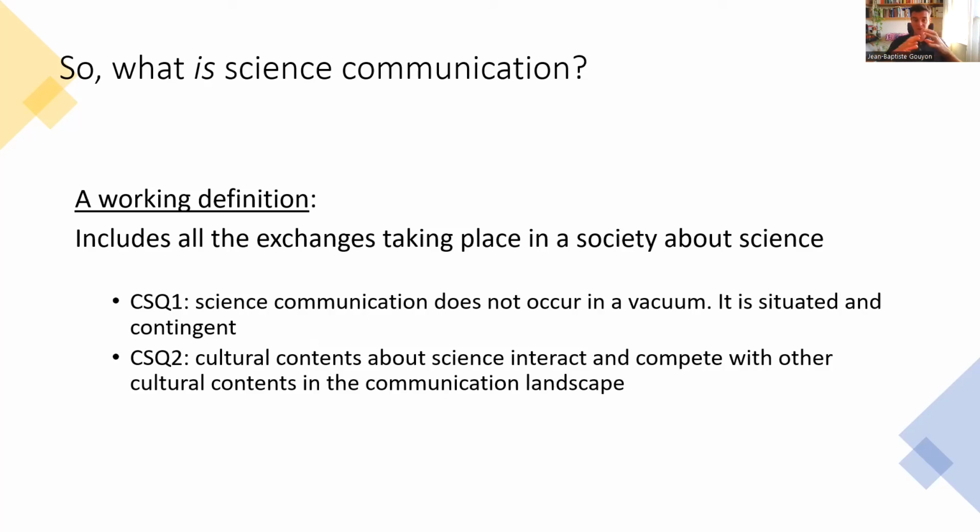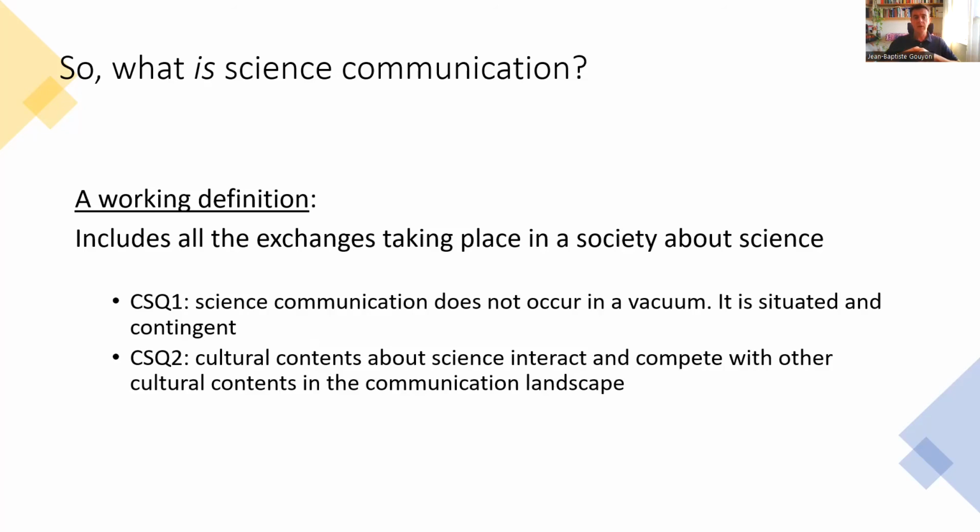So this definition, which is very broad, has two consequences. One, it brings to the fore the idea that science communication does not occur in a vacuum. It is something which is situated in a time and a place, and therefore it is contingent. The way science is communicated varies from one period to another, from one place to another, and the way science is received through communication also varies depending on time and places.